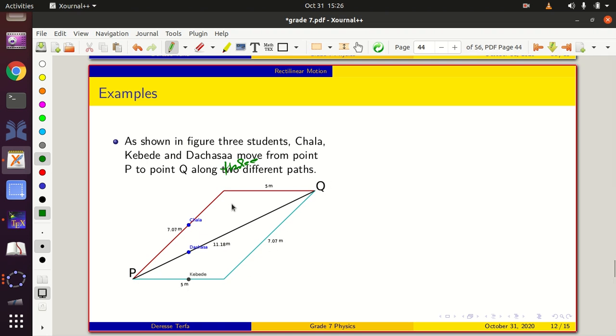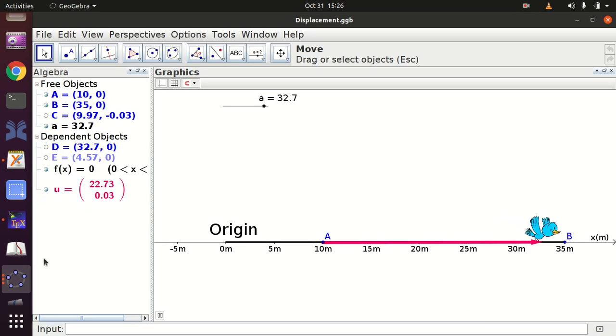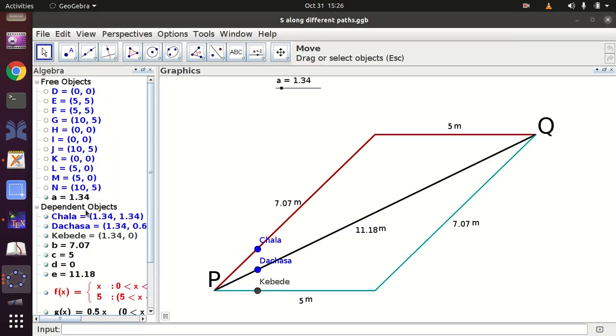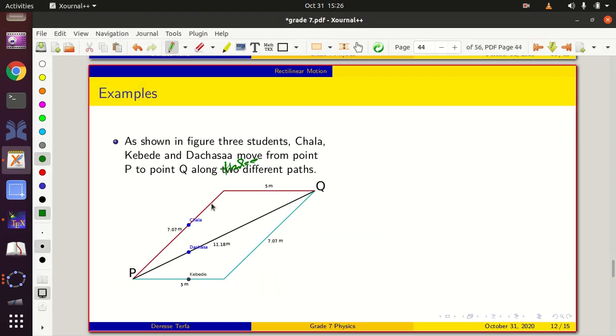Let us return to our question. What is the distance moved by each student?